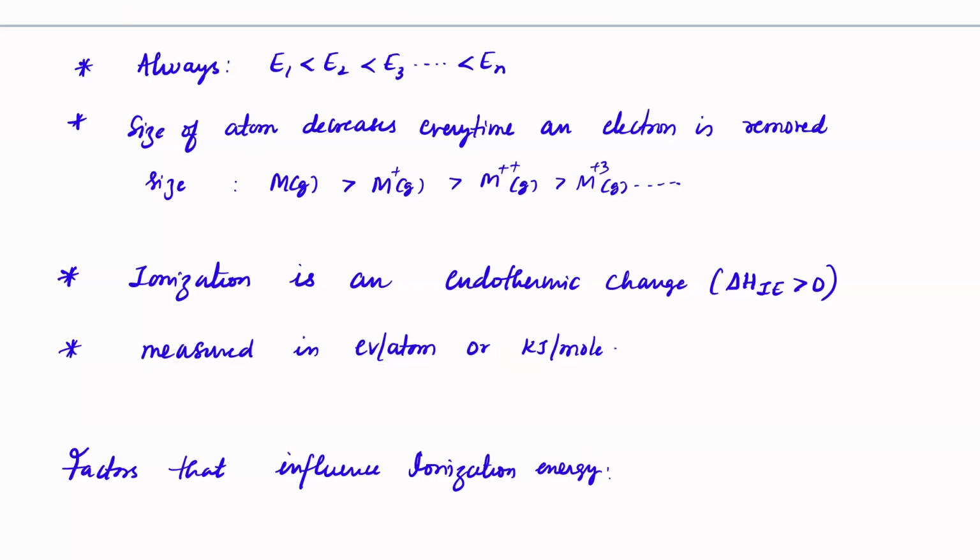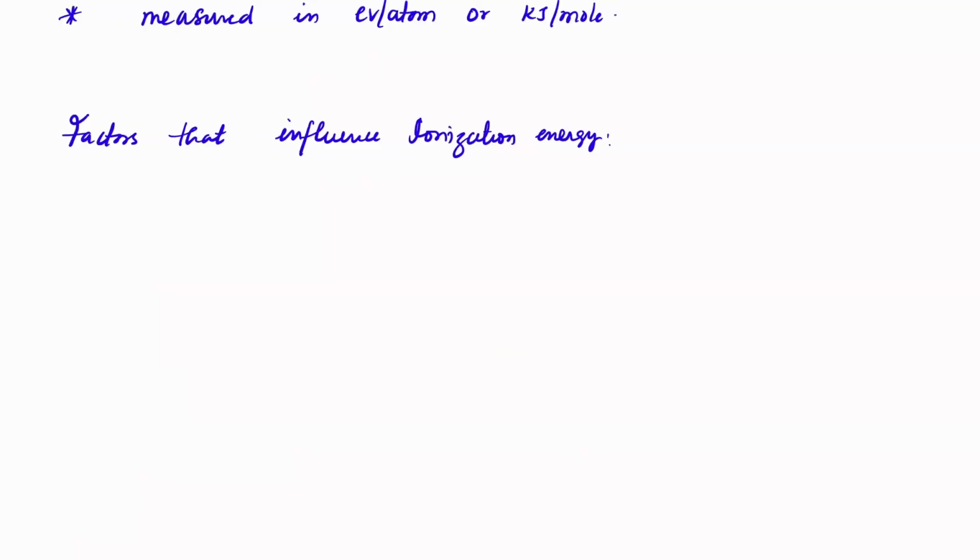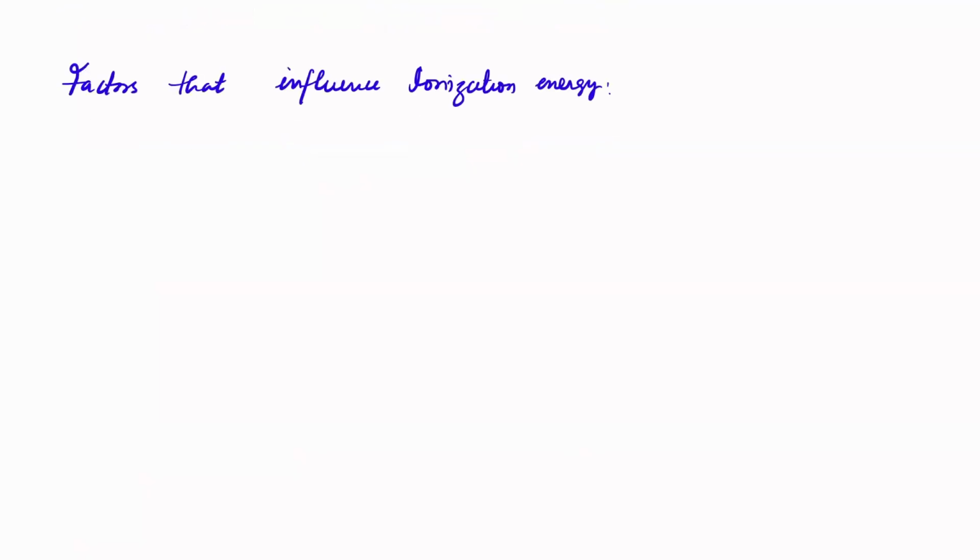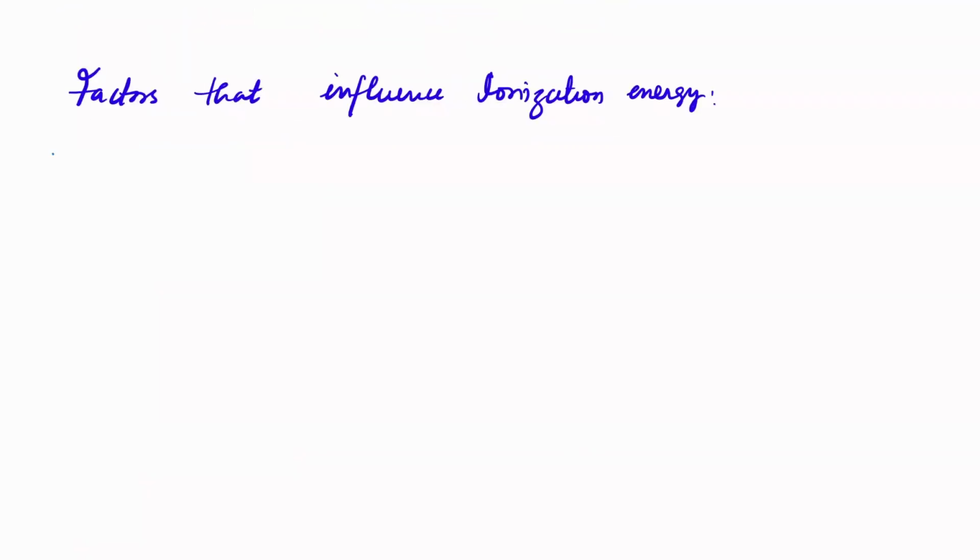Okay. What are the factors that influence ionization energy now? Let's discuss that. The first factor that influences ionization is the atomic size. If the atomic size is larger, definitely the ionization energy will decrease, which implies ionization energy decreases down the group.